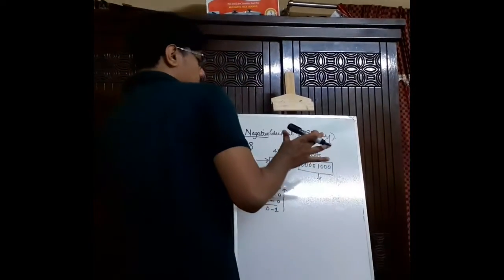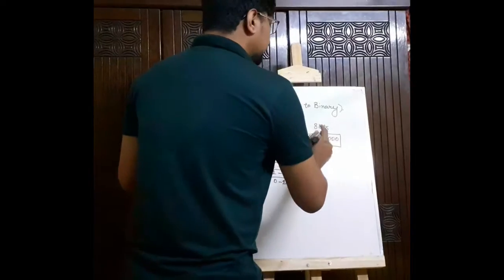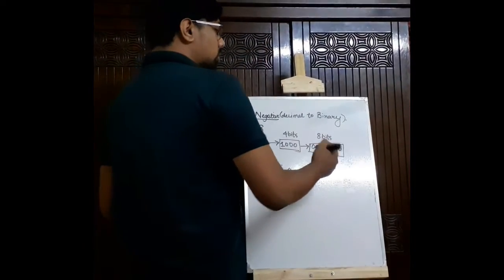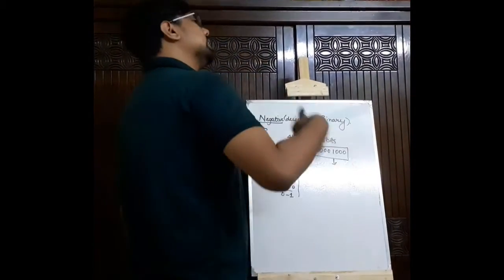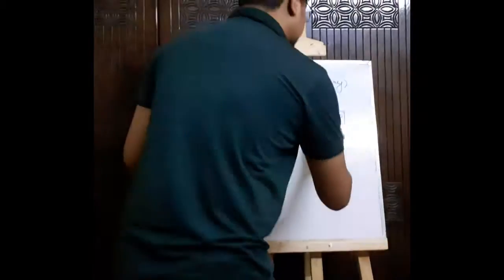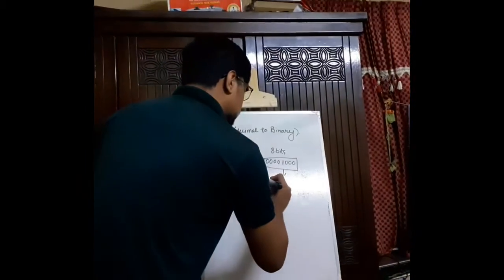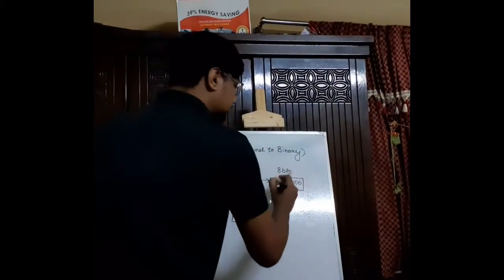So to do the ones complement of this one, we can revert or change, or you can say switch, zeros to ones and ones to zeros. That actually means we have a 0 here, so that 0 should be converted to 1.